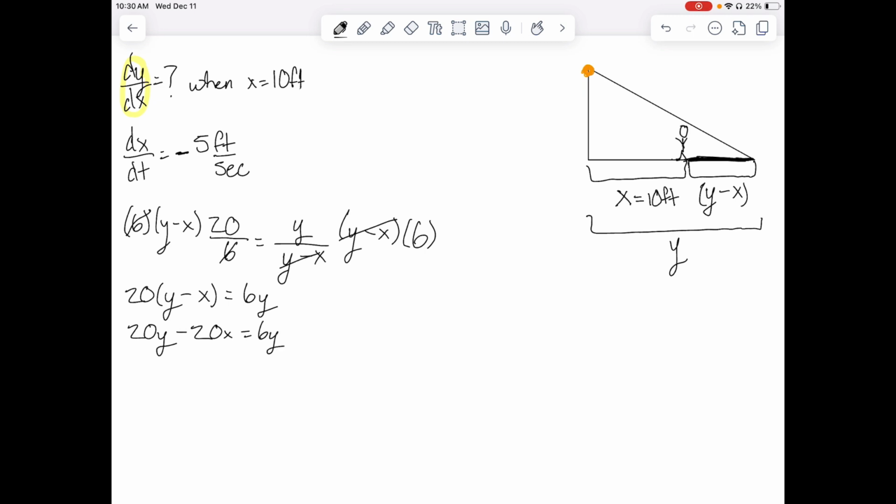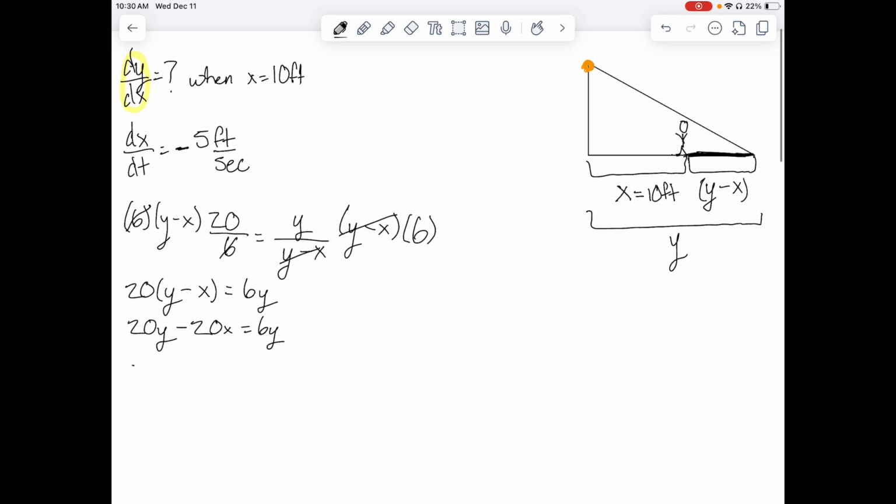Now what we want to do is combine our like terms. So I'm going to have negative 20x on this side equals negative 14y. Then I want to completely isolate the y, so I'm going to divide both sides by negative 14. Negative 14y divided by negative 14 is simply y.